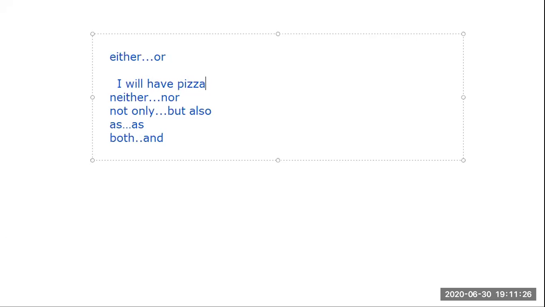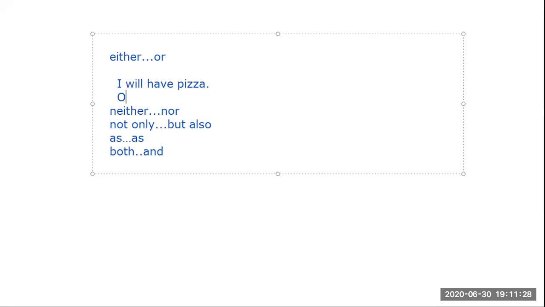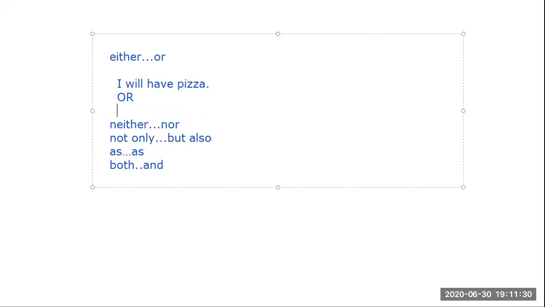So I will have pizza, or I will have a burger. So that's the two things you want. And we can join these sentences by using either or.